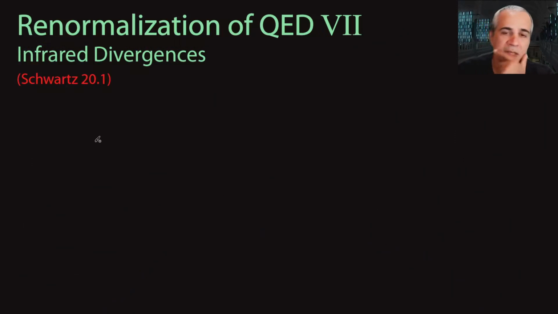So the idea today is to look at a very simple process, which is electron-positron scattering into muon and anti-muon.